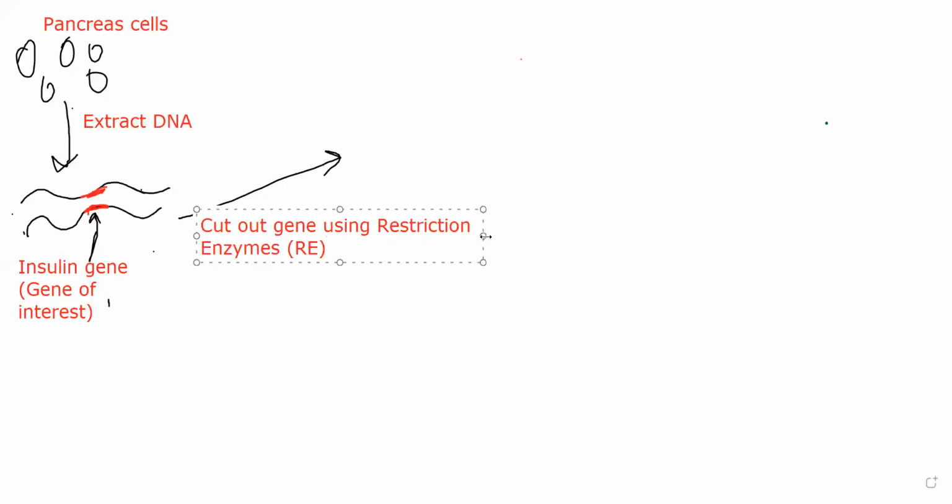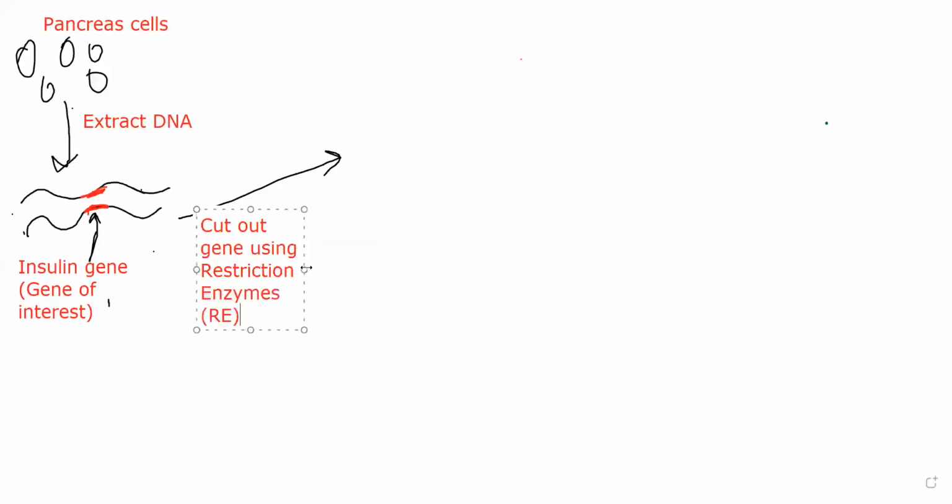I'm going to cut out the gene using restriction enzymes, RE. Therefore, my gene will be just there like that. It is there now, isolated. That is my insulin gene. It is there. Okay? This is the first preparation.